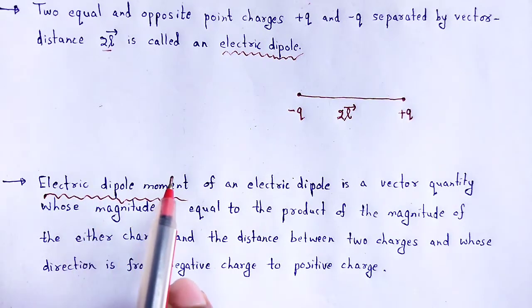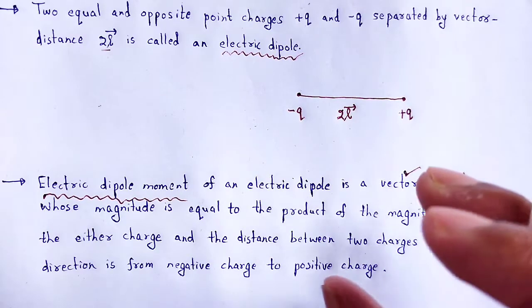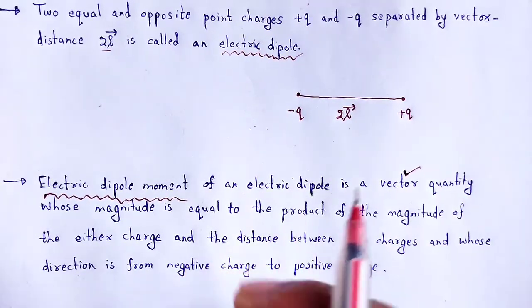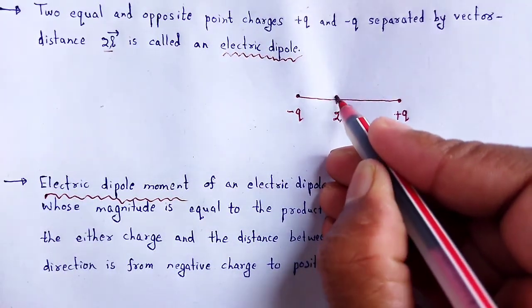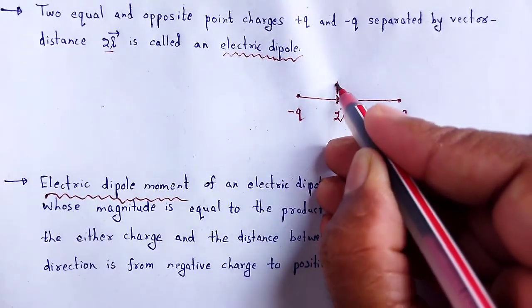As the electric dipole moment is a vector quantity, it has magnitude as well as direction, from negative charge to positive charge, and it is denoted by P.